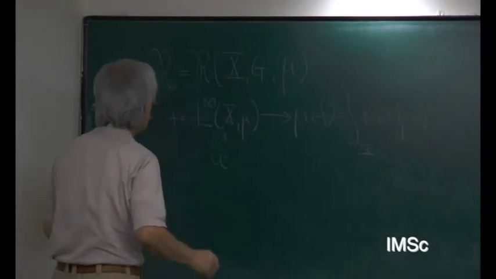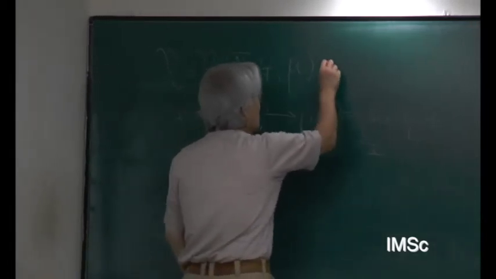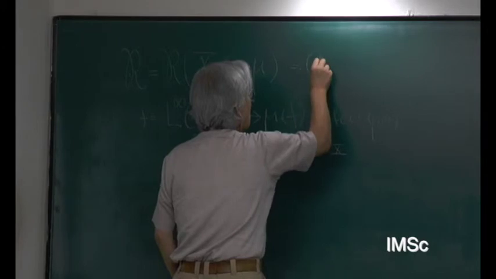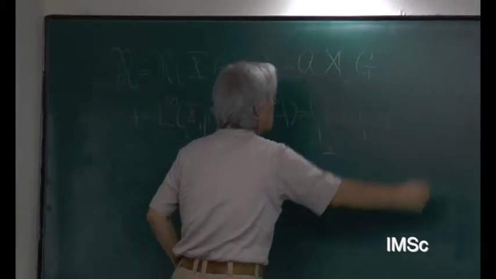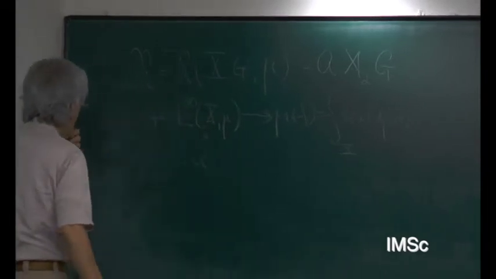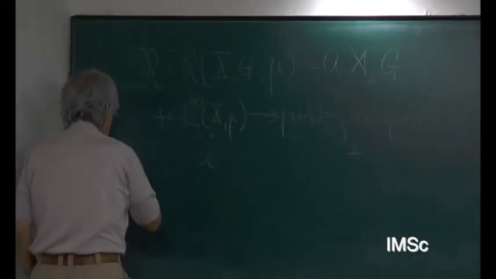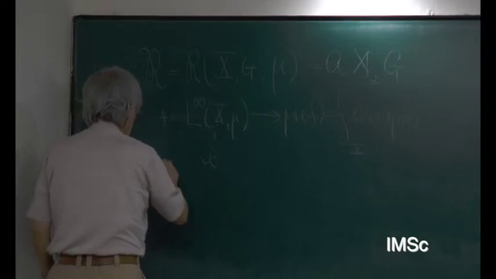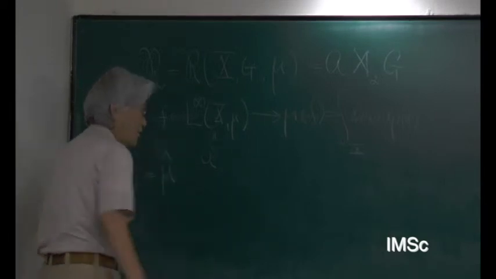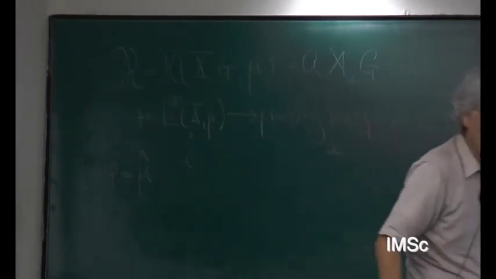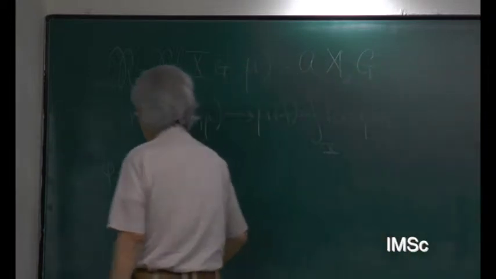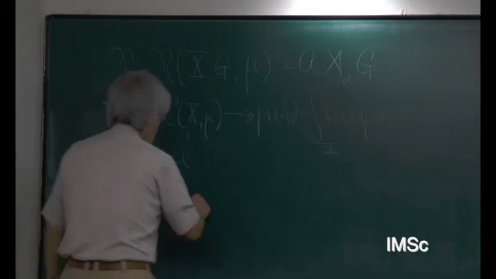Then the other factor R is the A crossed product by G. And phi is this dual weight relative to the measure mu. So this is what controls the modular flow, and I'll tell you what happens.